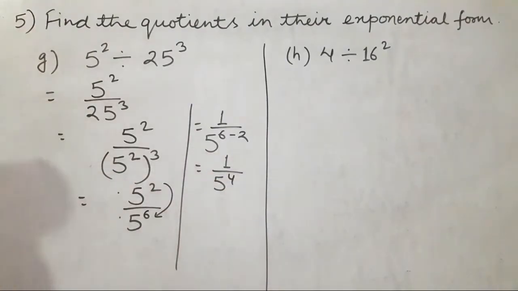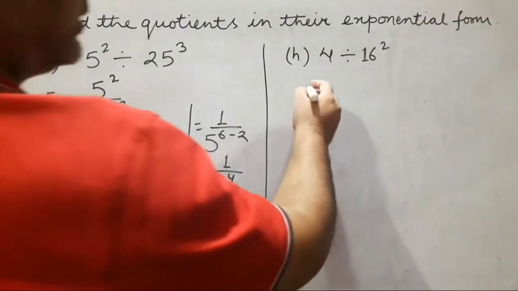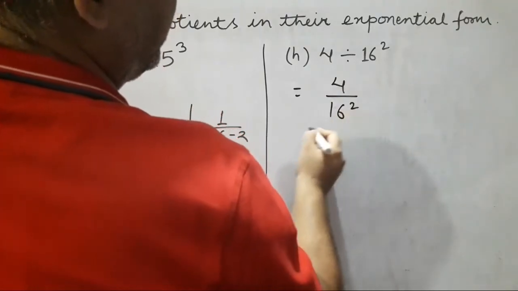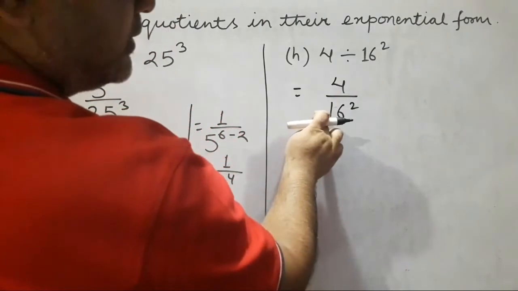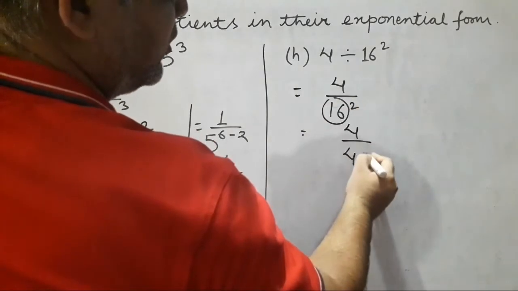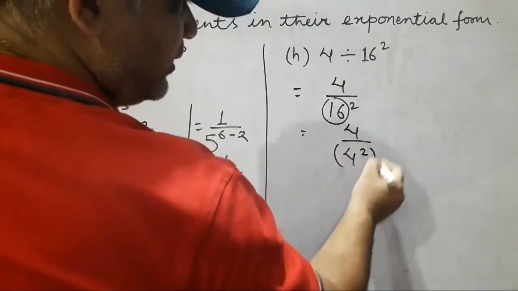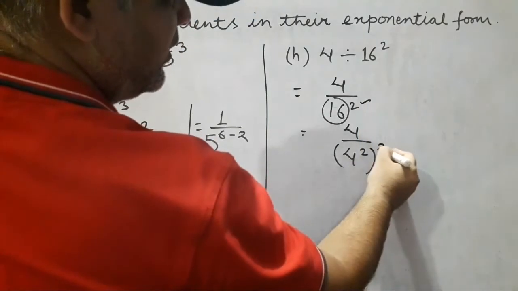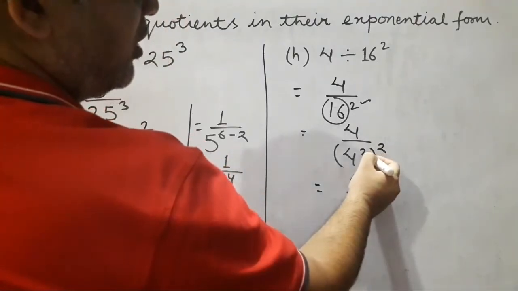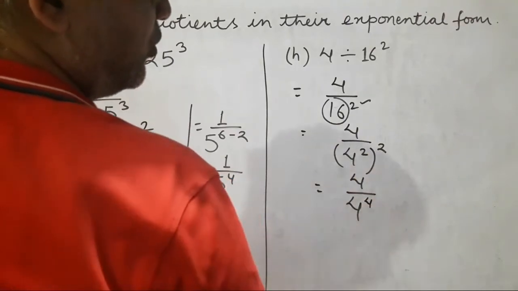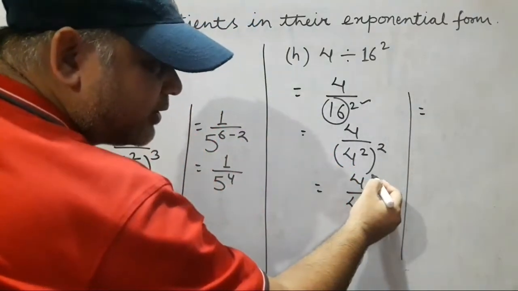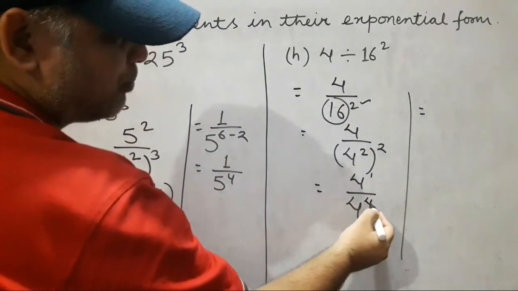Now let's see the next question. 4 by 16 square. Convert them into same bases. 16 can be written as 4 square, bracket, again another power is there. So 4 by 4, power law of indices, 2 fours are 8, 4 power 4, equal to, now here 4 has got the power 1 and here 4 has got the power 4.